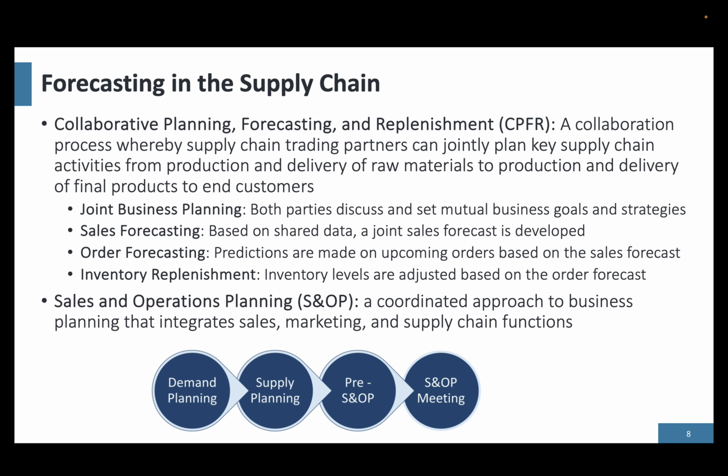The processes involved in S&OP include demand planning, supply planning, pre-S&OP, and the S&OP meeting. I would engage with this when I was in procurement. For demand planning, the sales and marketing teams would forecast demand based on historical data, market trends, and promotional activities, and they would share that with me in procurement.